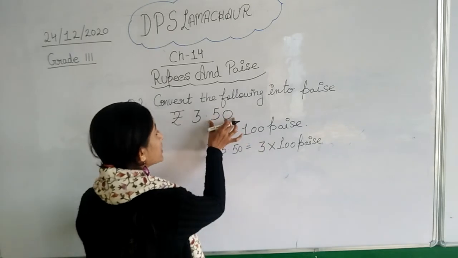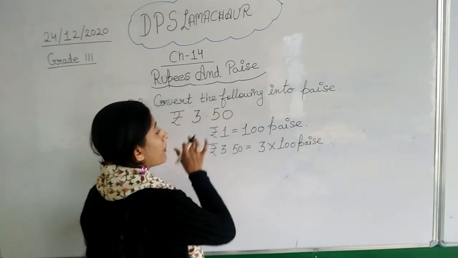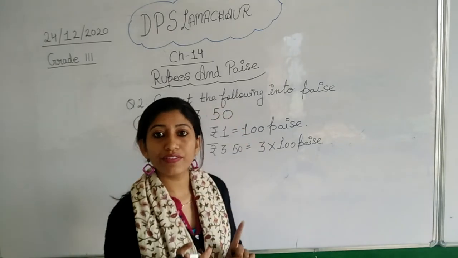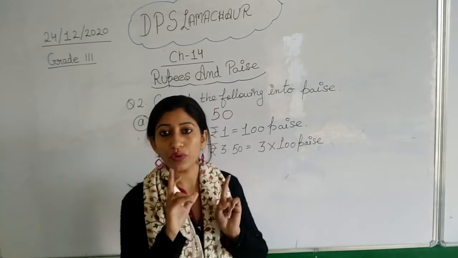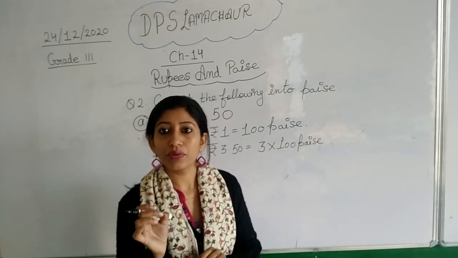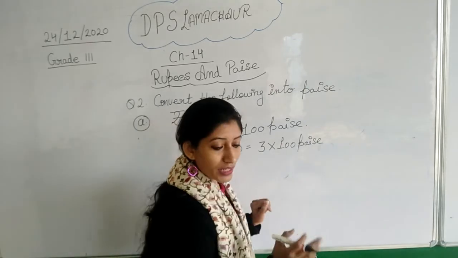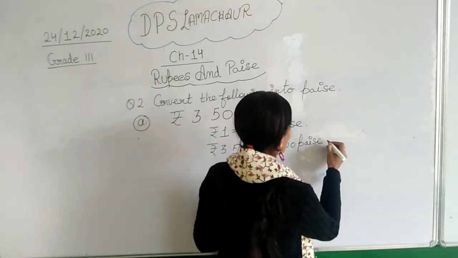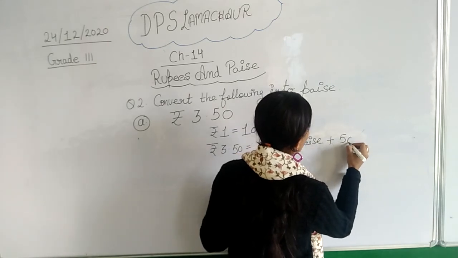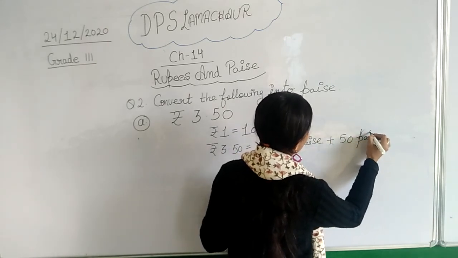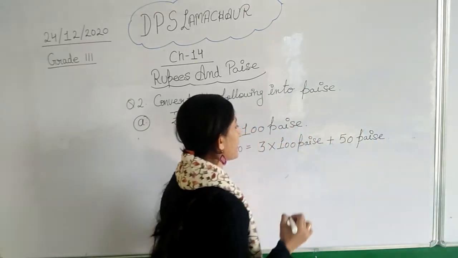But we will not do this on the 50 because it is already in paise, so we don't have to convert this 50 into paise. What we have to do simply here is put this paise with a plus form, plus 50 paise.